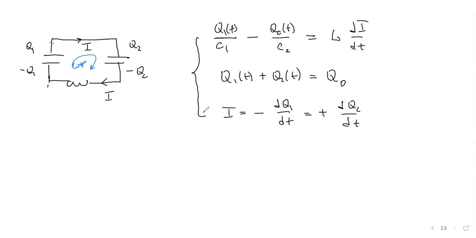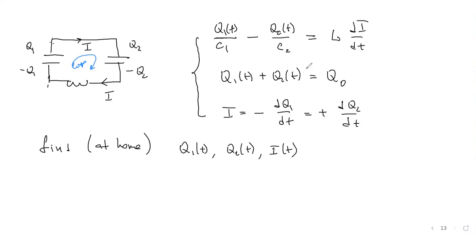This should be enough actually to solve this. Apparently, if you can find Q1 as a function of time, you can easily find Q2 and current. That's not a big deal.